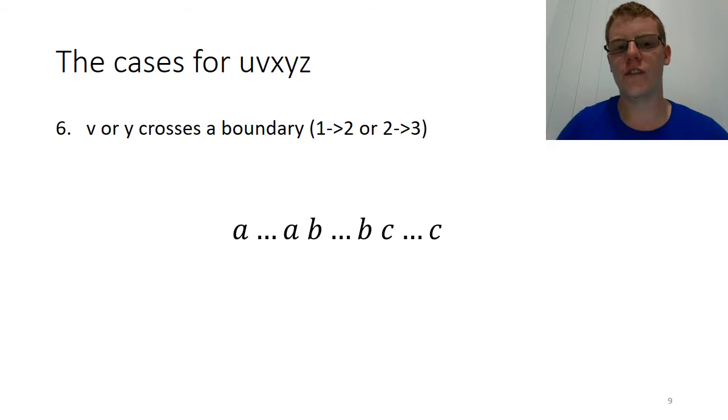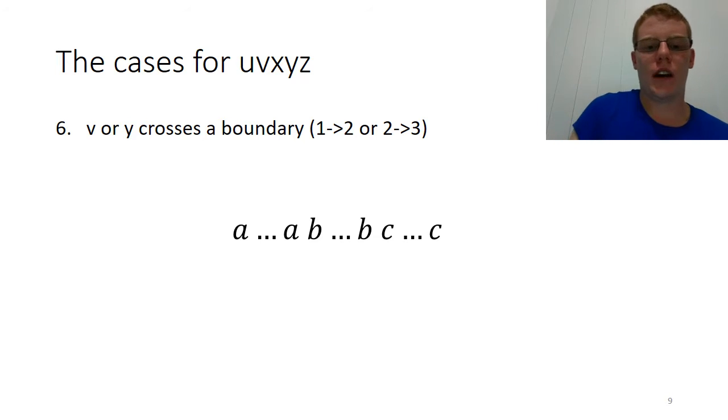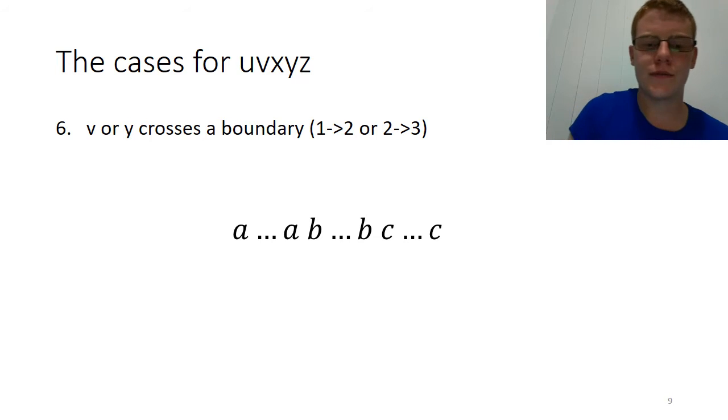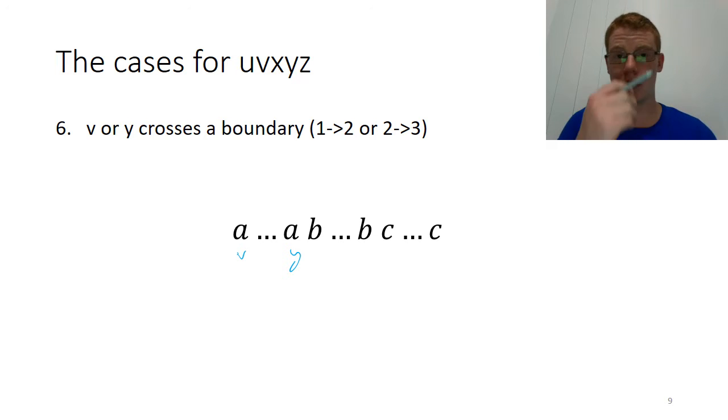So now we come to the very last case, where V or Y is crossing a boundary. We've got 4 ways this can happen. Y can be crossing this boundary, in which case V is going to contain some A's.